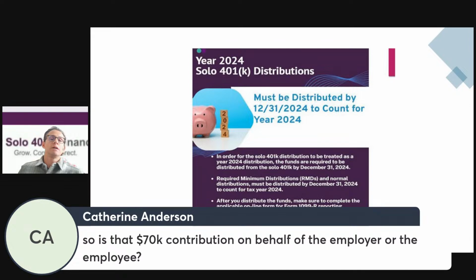Another example, let's say you only report $50,000 of W-2 wages for a self-employed S corporation. And you contribute the full $50,000 as a voluntary after-tax solo 401k contribution. That's it. You can't contribute any more because you cannot contribute more than you make in W-2 wages.